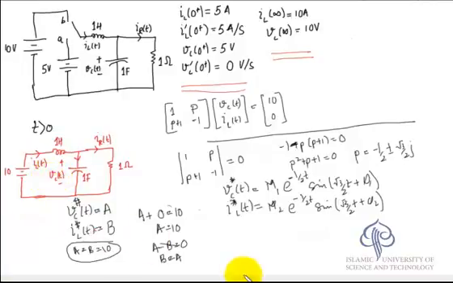So in any case, the final value for VC and the final value for IL is the sum of the particular integral and the complementary function, which in this case is plus 10 and plus 10. So we'll rub this star off.